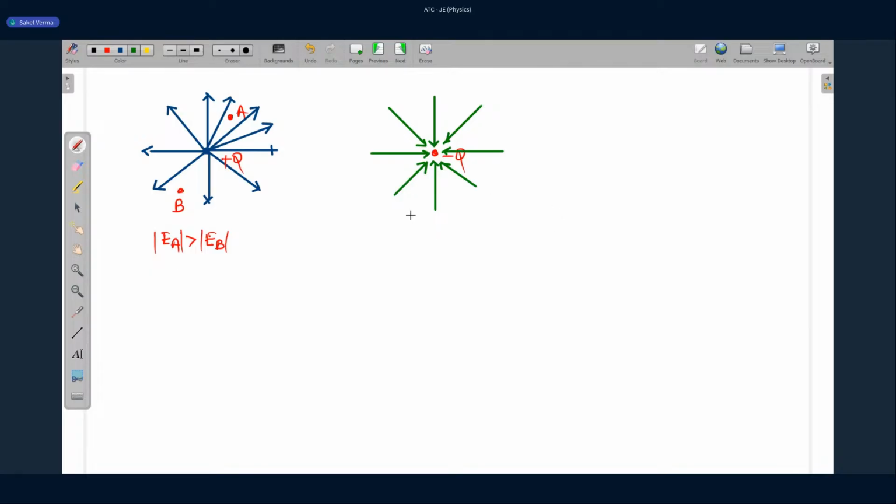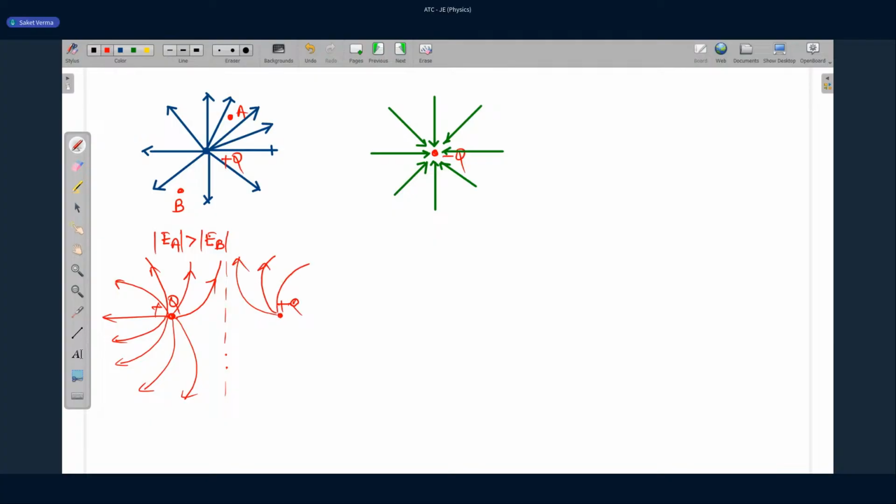Now suppose there are two positive charges, let us say both are plus q. Then what will happen? Because both are plus q, the electric field lines will be outside, so these field lines will be like this. Because they never intersect, here also it is like this.